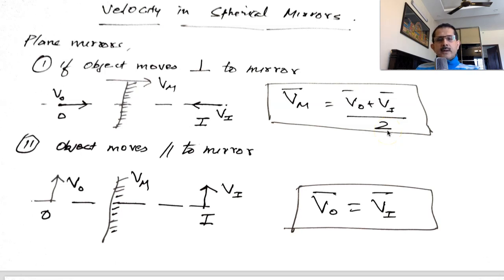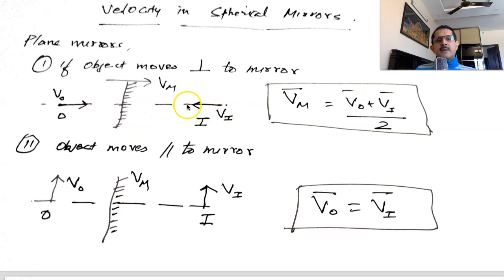Again, let me quickly repeat it. So if the object moves perpendicular to the mirror, as shown in this diagram, this is a plane mirror, and the plane mirror is moving with the speed of Vm, and the object is moving towards the mirror with the speed of Vo. So in that case, the image will come in this direction.